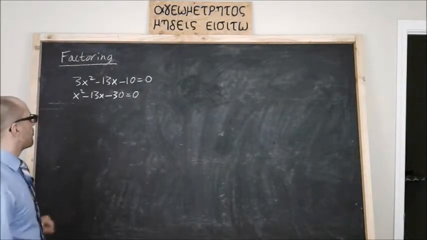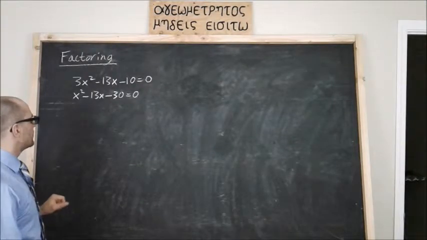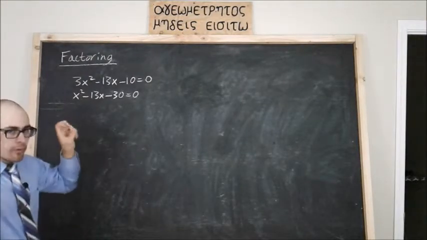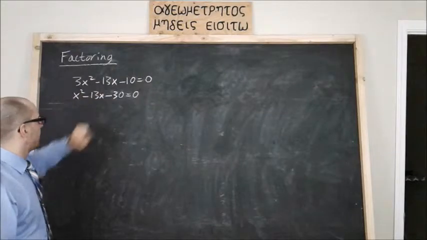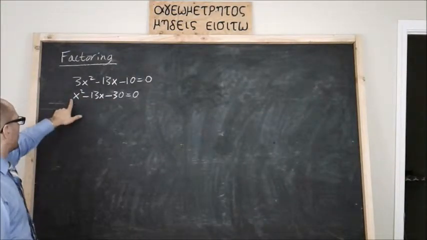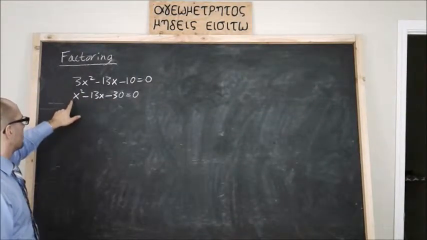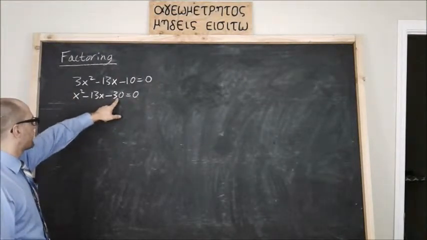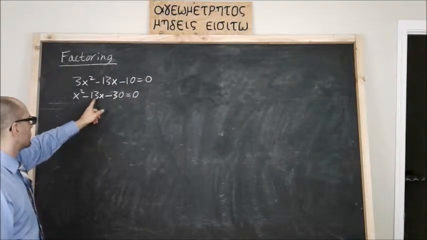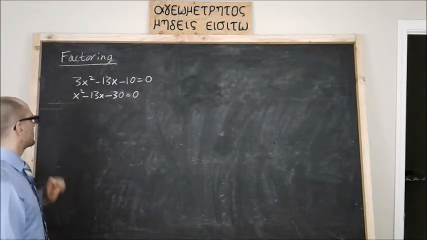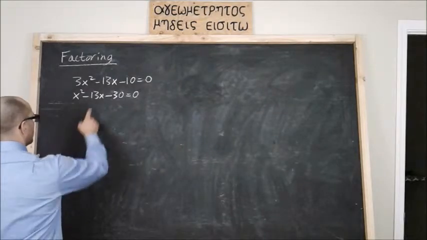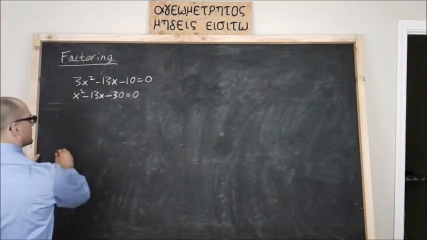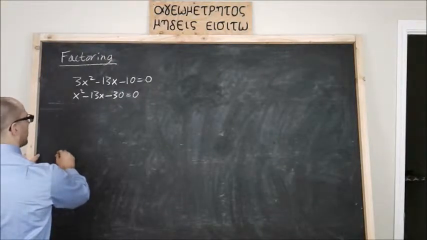All right, so that was step 1. Now, step 2. Again, we broke the rules by making this move, but notice now we have a trinomial whose leading coefficient is 1. So for this, we need factors of negative 30 whose sum is equal to negative 13. Because we have a leading coefficient of 1, I can use the table method here.